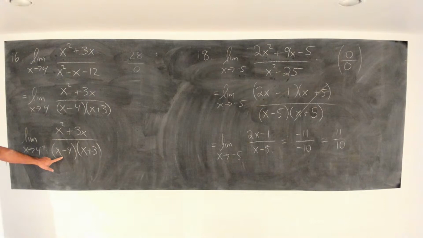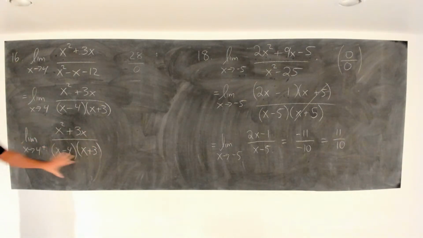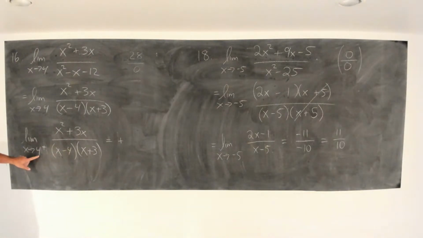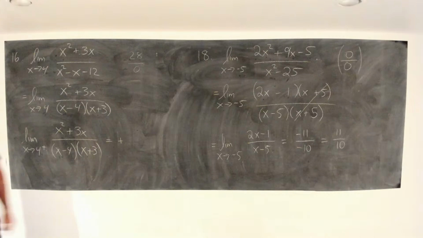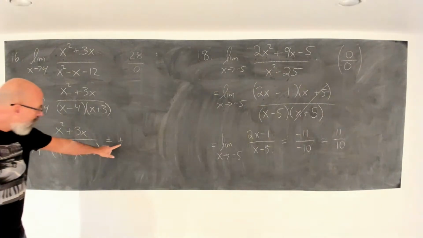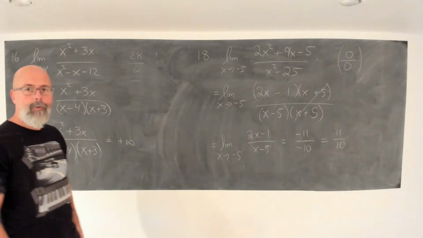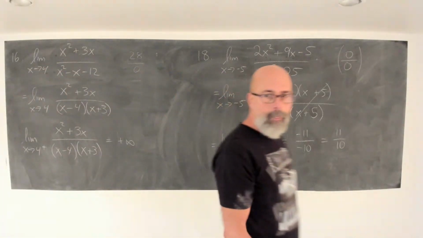And for values bigger than 4, a number bigger than 4 minus 4 is positive. So this whole fraction is positive. But it has the form 28 over 0, so you know it was some sort of infinity. And we have just concluded that it was positive. So positive infinity.